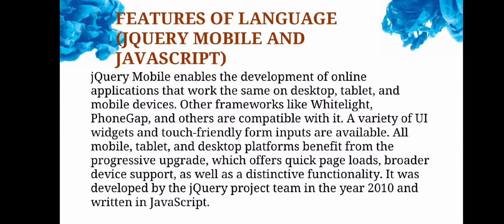All mobile, tablet, and desktop platforms benefit from the progressive upgrade, which offers quick page loads, broader device support as well as a distinctive functionality. It was developed by the jQuery project team in the year 2010 and written in JavaScript.